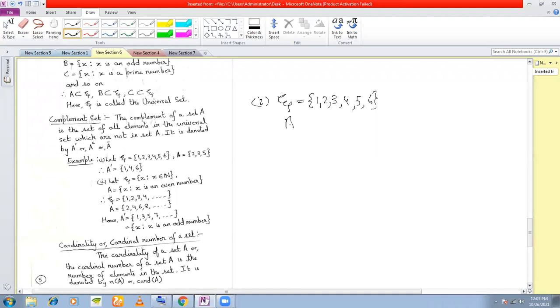I give you another set A. Okay, if I ask you to find the complement of A, now what is this complement? Complement of a set is denoted by A dashed, A superscripted with a dash. This is the complement of A.